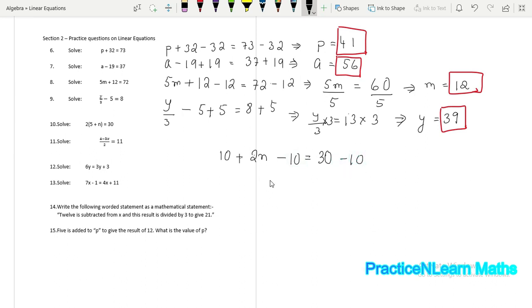I get 2n is equal to 20. I divide both sides by 2. I get n is equal to 10. I think it's quite simple if you understand the concept.